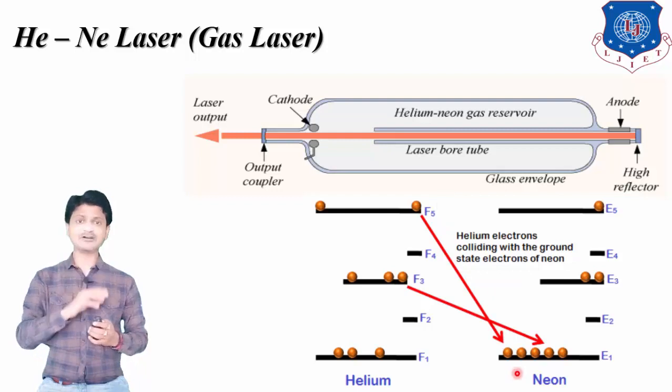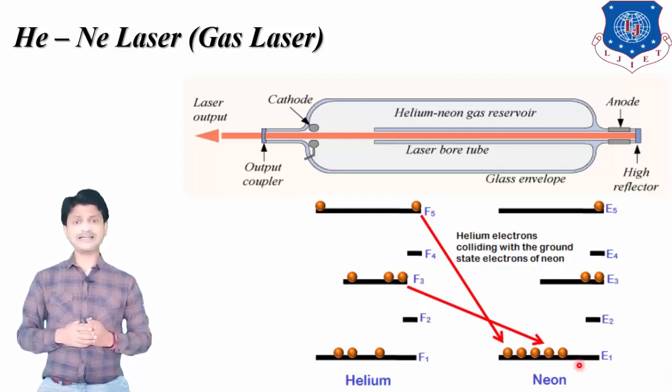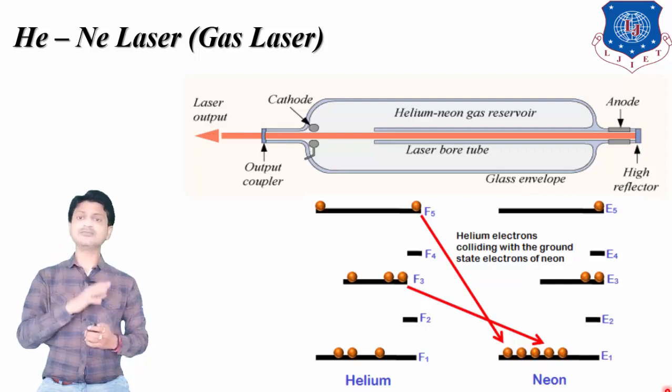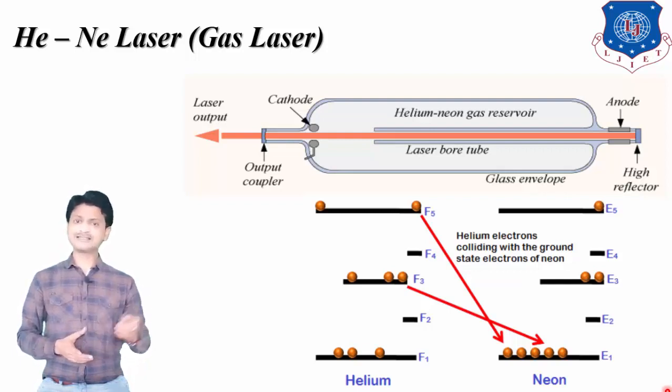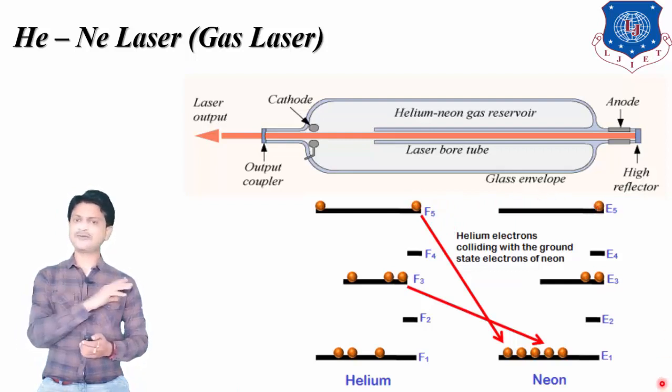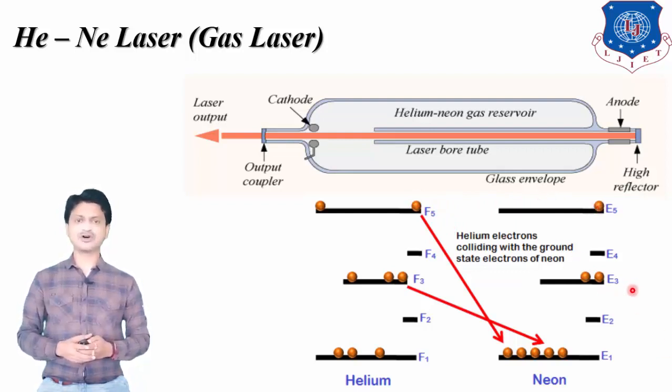The energy levels of some excited states of neon atoms are identical to the energy levels of metastable states of helium atoms. Let's assume that these identical energy states are F3 equals E3 and F5 equals E5. So E3 and E5 are excited states or metastable states of neon atoms.